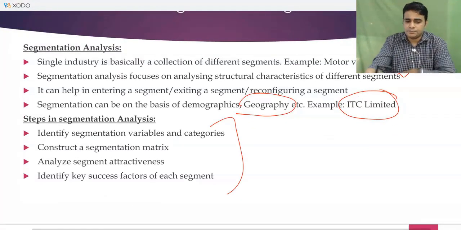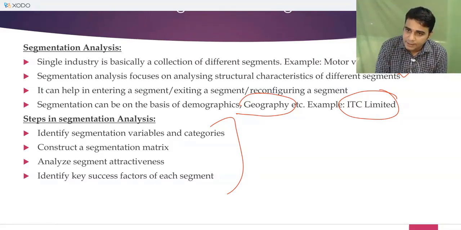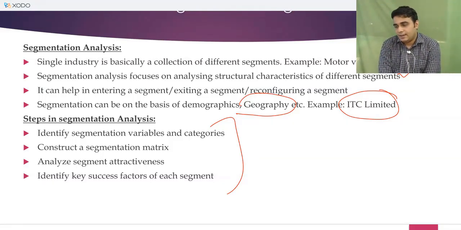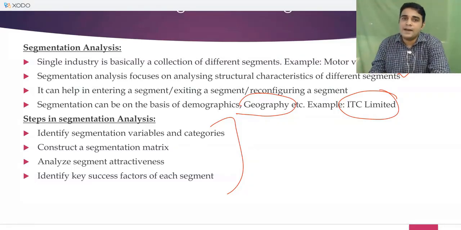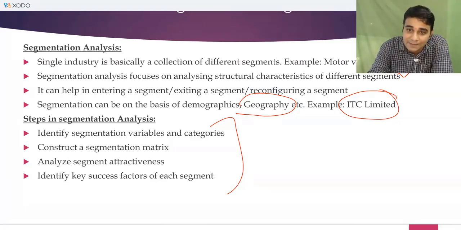These are the steps you will do. Identify the segmentation variables and categories. What are the variables? They are the factors which impact that segment. Analyze the segment attractiveness. Identify key success factors. You will learn about key success factors, critical success factors, and key performance indicators later on in another chapter. But the basic objective is, instead of analyzing the industry as a whole, which Porter's 5 forces model asks you to do, you may also have to analyze multiple segments of the industry.